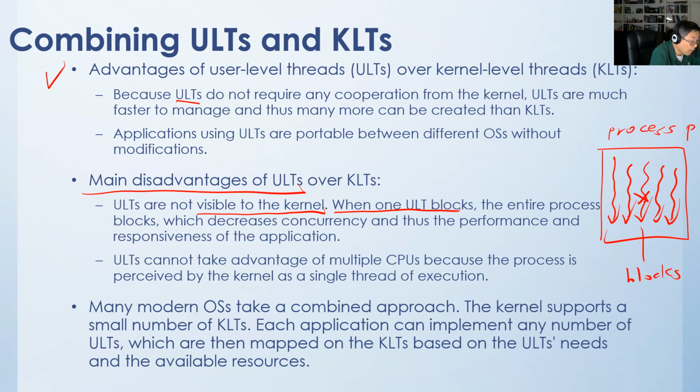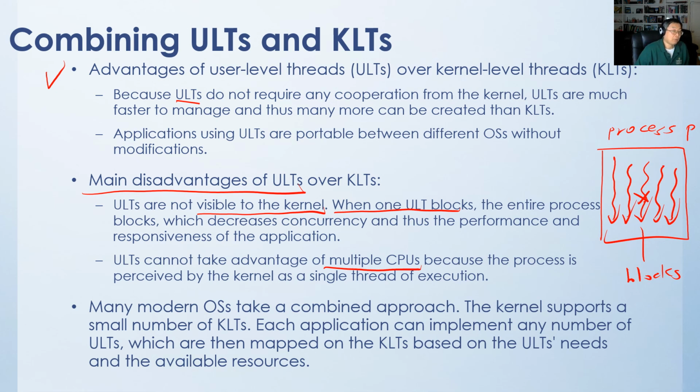Also, ULTs, the user level threads, cannot take advantage of multiple CPUs. If you have a multi-core system, that's really a bad thing. If you have two CPUs, then you cannot split a process.